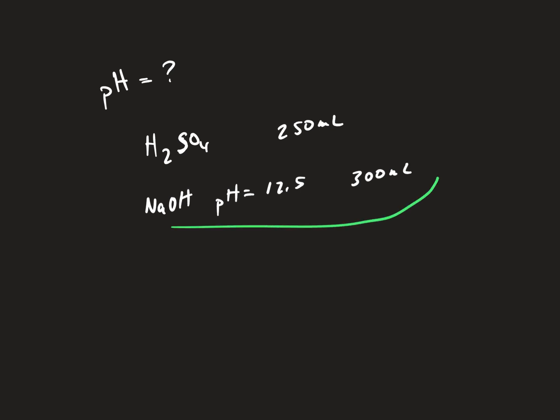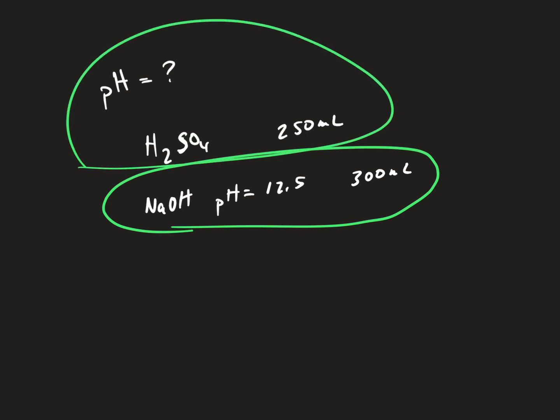This is our base, and we want to find out about our acid, right? Since we need to know something on our acid, let's start with our base, because we know a lot more about our base. Does that make sense? Start with what we know rather than what we don't know, okay?